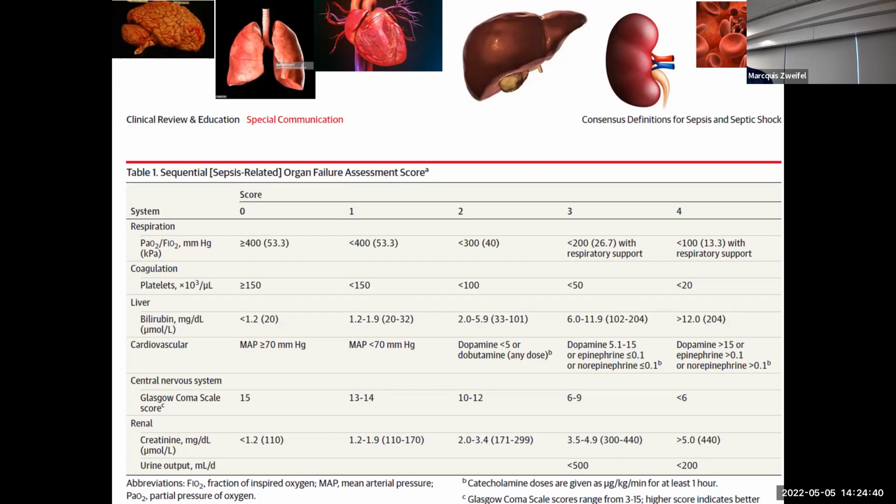Where is the PF ratio? PF ratio. So less than 300 would get 2 points. So is he sepsis? Cannot be sepsis. So it should be in the appropriate situation. MAP for the heart, bilirubin for the liver, creatinine and urine output for the kidney, and platelet for the blood. These are the things you look at.